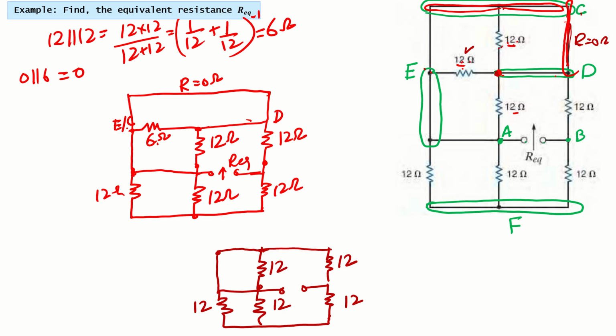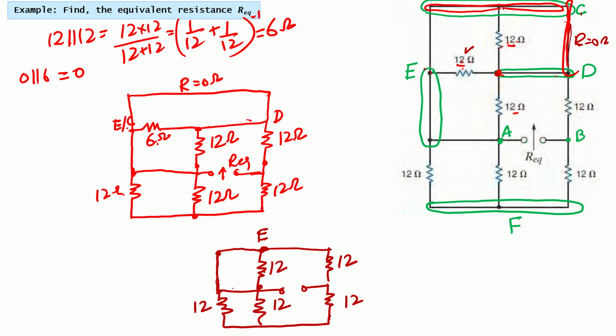Okay, now what we can see next? You can see that now we have this point which is basically our D or E, which is basically the same point now. Now between these 2 points we have this 12 ohm, and this 12 ohm is in parallel with this another straight line, right?